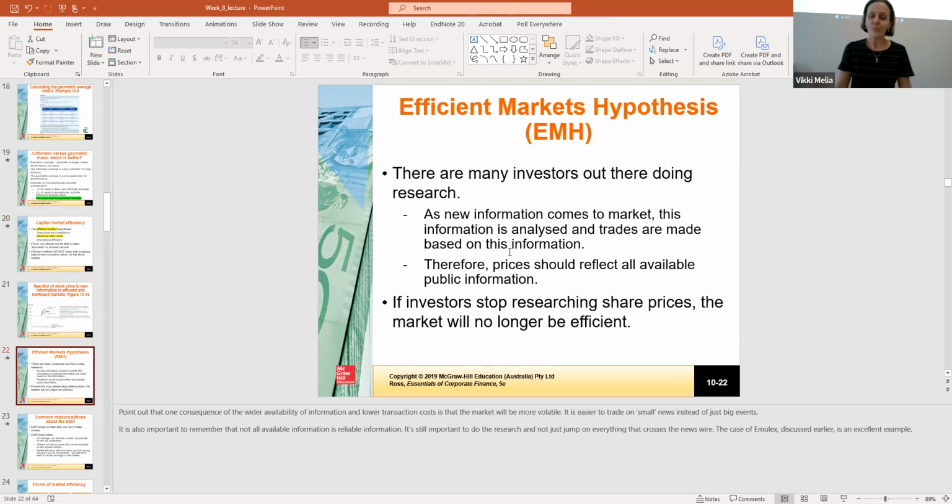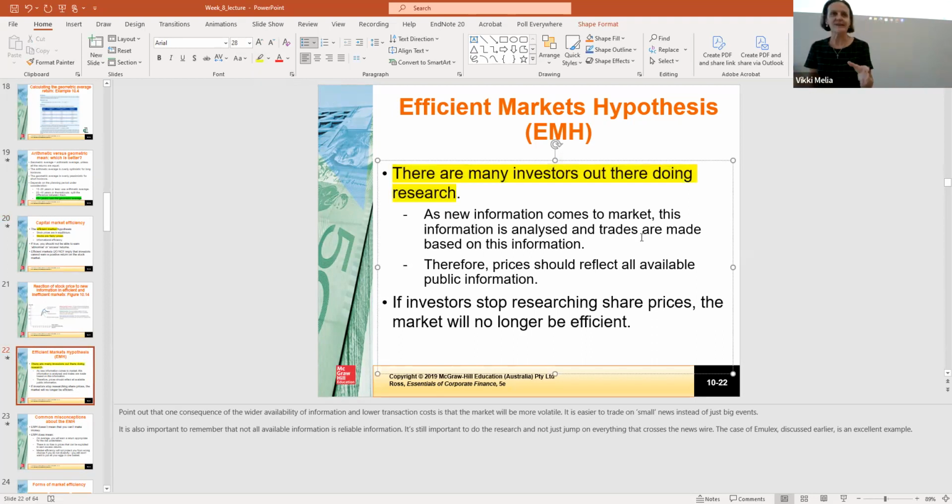And we're actually very lucky that we have lots of investors that are doing research all the time, gathering information about companies, analyzing the information, and incorporating their analysis into what they think the company's shares are worth.